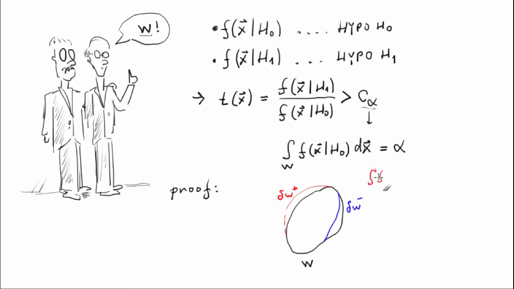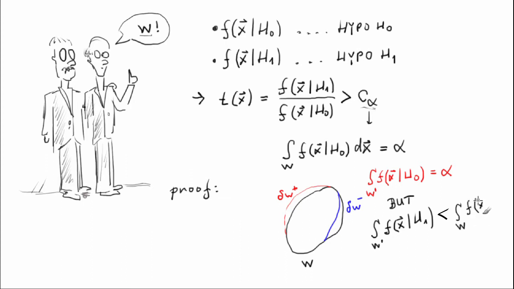The integral of the PDF predicted by H0 must be the same on the two regions because the size of our test is fixed. However, the integral of the PDF predicted by H1 is larger on the region we removed because the ratio of the two hypotheses is larger on the region.